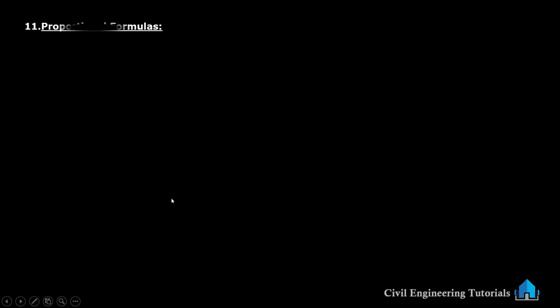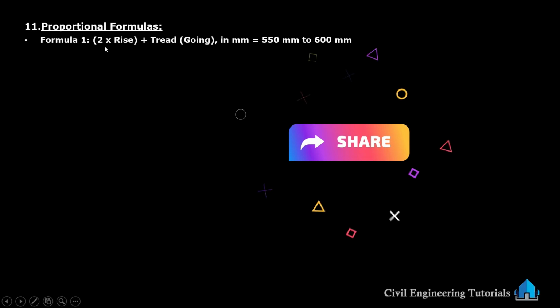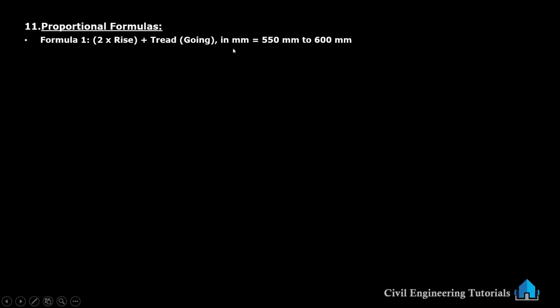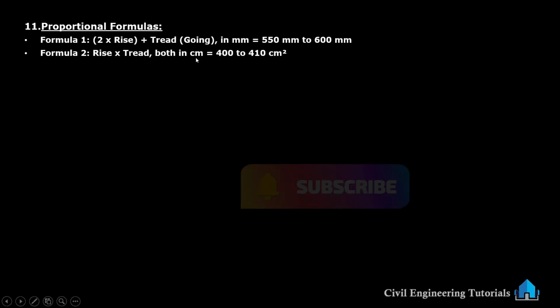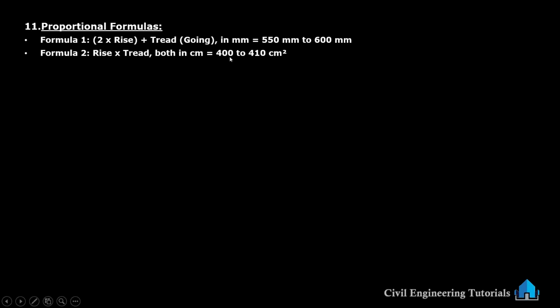Next, proportional formulas. Formula number 1: 2 into rise plus tread, going in millimeter, should be 550 millimeter to 600 millimeter. And second formula: rise into tread, both in centimeter, should be 400 to 410 centimeter square.